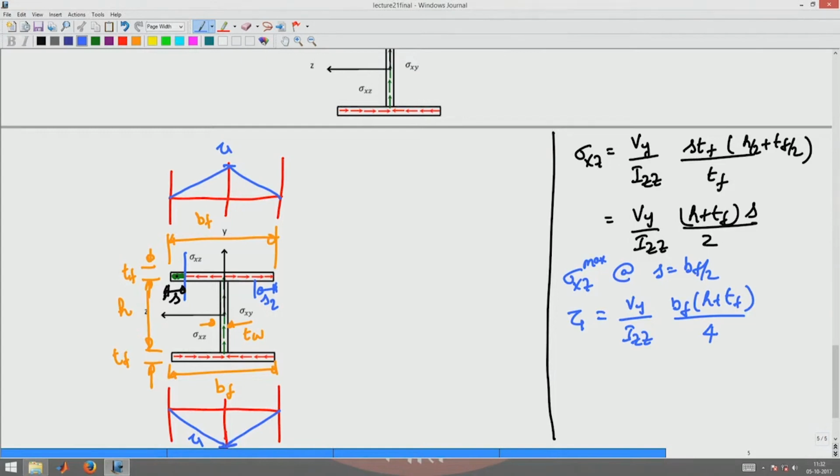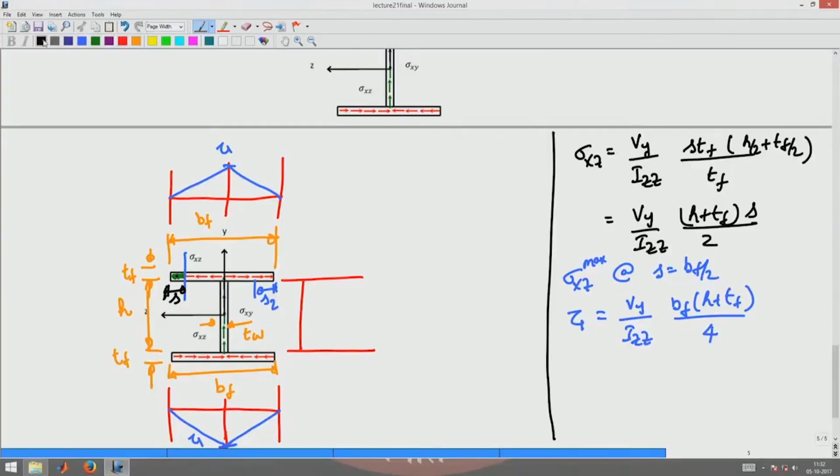Now, let us see what happens in the web. We are interested in finding the variation in the web, which is similar to what we had for a thick walled cross section.